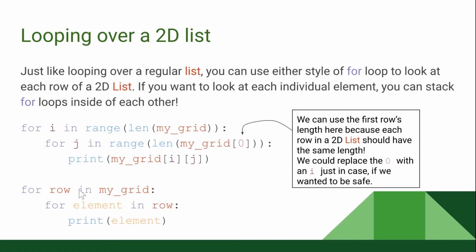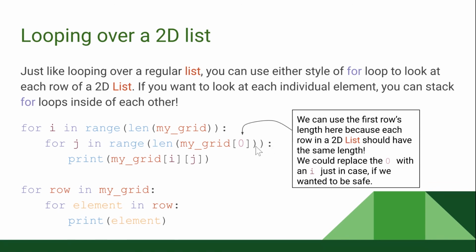So if I have for i in range the len of my grid, the length of my grid is going to be the number of rows that I have. Within that loop, I can say for j in range, the length of my first row, and I can use the first row's length because all of my rows should have the same length.